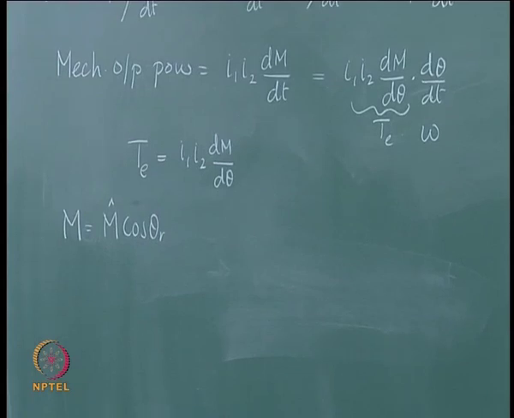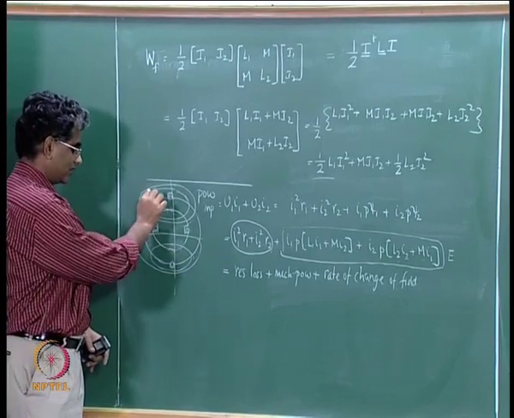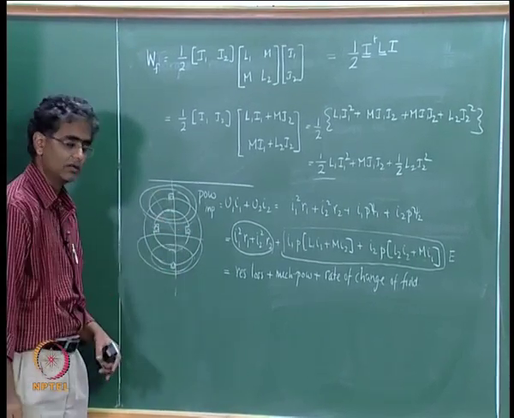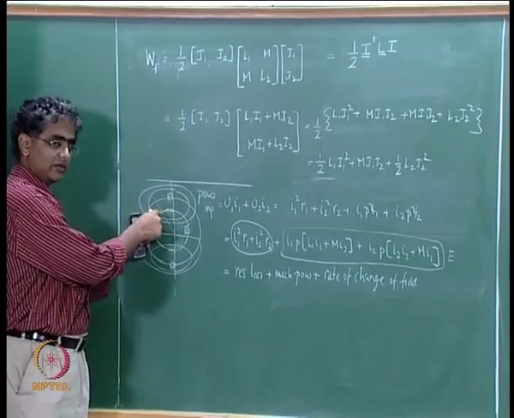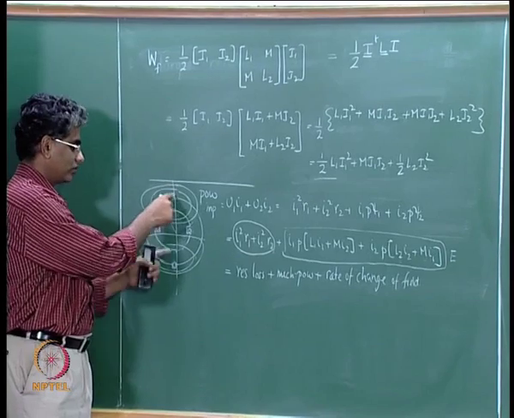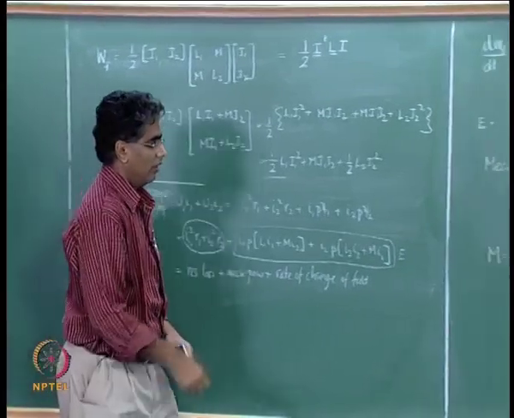That is, if you consider the rotor angle to be 0 when it is here, then if the rotor moves through some angle, then the mutual inductance when the rotor is there is given by mutual inductance here multiplied by cos of this angle.